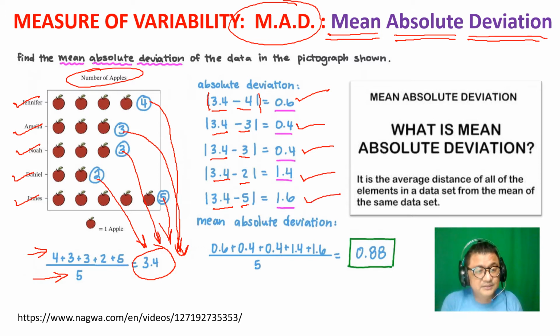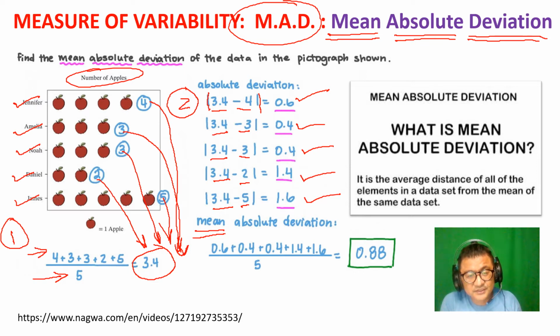So first, get the mean. Number two, subtract. You call that the absolute deviation. How far away is it from the average? So this is the first, second, third, fourth, and fifth. Next, we will now get the mean of it. We will now average them. So how far is all of this? Add them up. You will get a number, and then you will divide by 5. You will get 0.88. 0.88 is now the MAD.